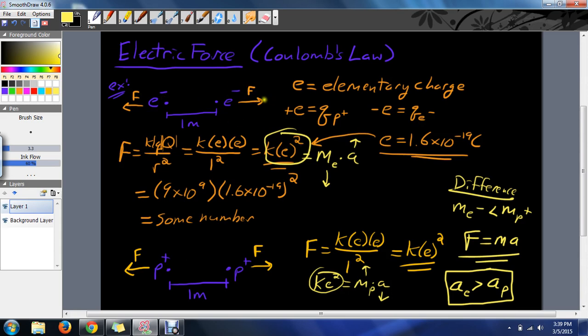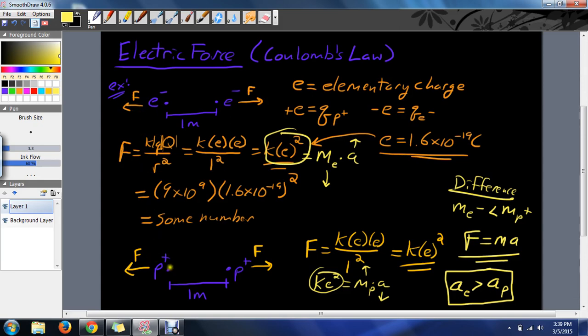So on this electron, this one will move to the right at an acceleration equal to this divided by m, and the proton would move to the right at the same force divided by m proton. Of course, this electron will move much faster than this proton. And this electron will move at the same acceleration as this one, only to the left.